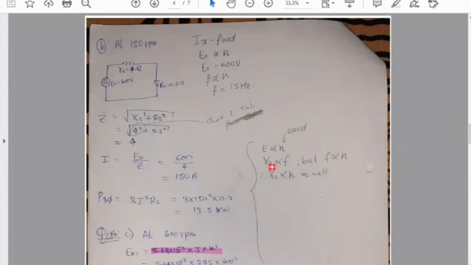The synchronous reactance is dependent on the frequency. Frequency is dependent on the speed. If the speed changes, frequency changes, which in turn makes the synchronous reactance change. And if the synchronous reactance changes, do we care? Yes, we care, because we are using synchronous reactance in our solution.